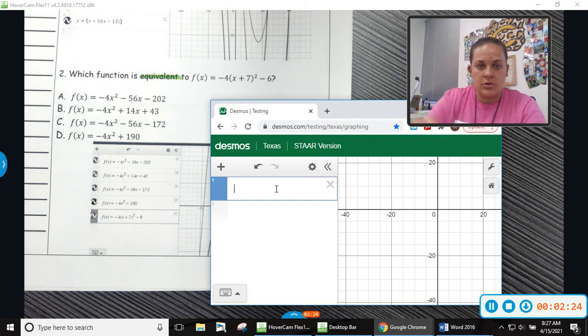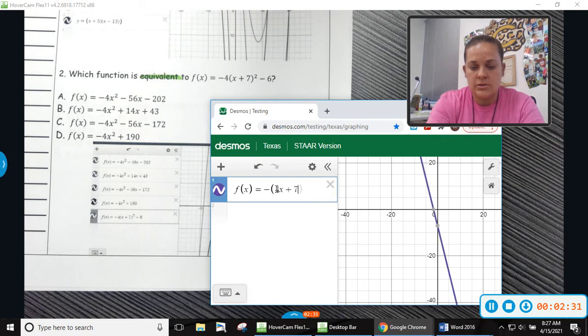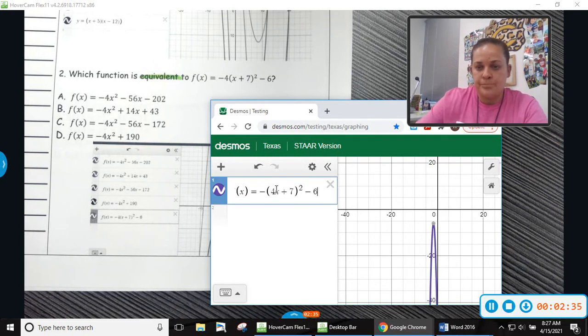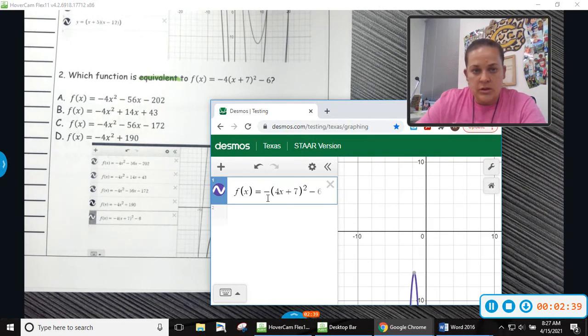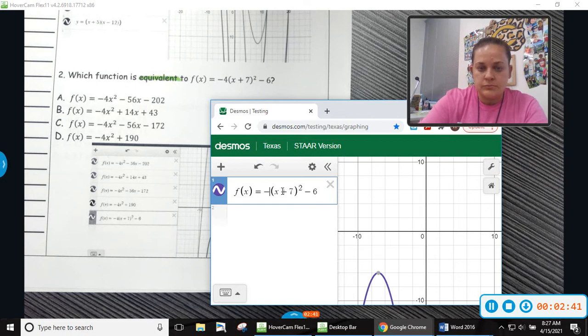Same thing. We're going to type in our question, f of x equals negative 4x plus 7 squared minus 6. Let me go back to my home screen. Negative 4x plus 7 squared minus 6.